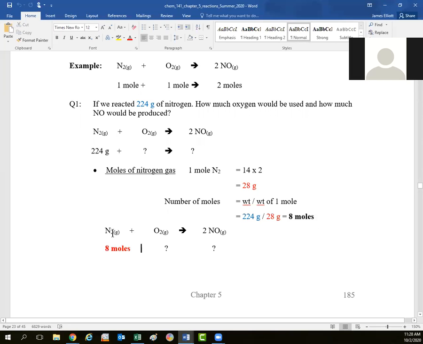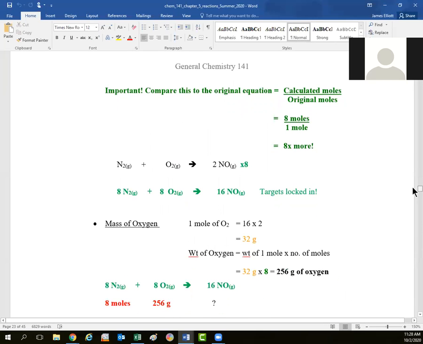So we've actually got 8 moles. Normally the equation, that original reaction, uses 1 mole. We've got 8. So we've obviously got 8 times more. You've got the calculated number of moles compared to how much are used in the original equation, 8 to 1. So we've got 8 times more nitrogen than we normally have.